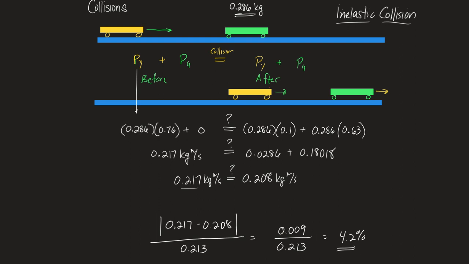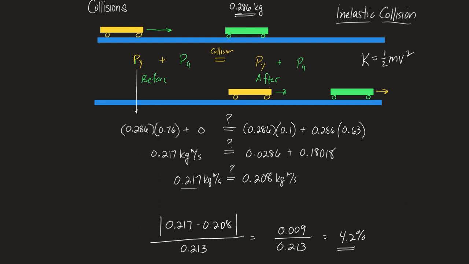Now, you can test to see if kinetic energy was lost. You guys are aware of how to calculate kinetic energy, 1/2 mv squared. And you can use the information we have to compare the kinetic energy before with the kinetic energy after. If kinetic energy is lost, then the system had an inelastic collision.